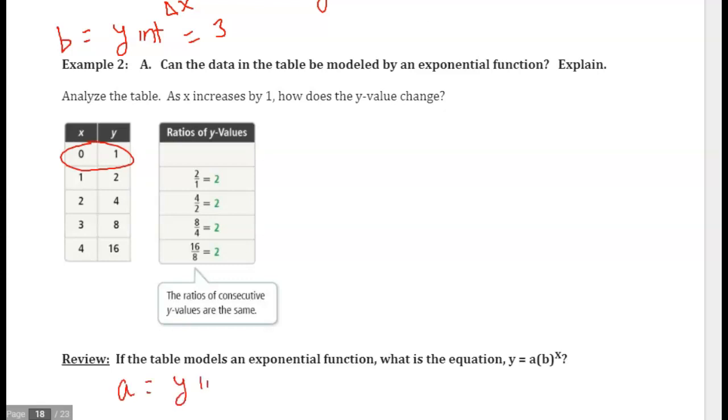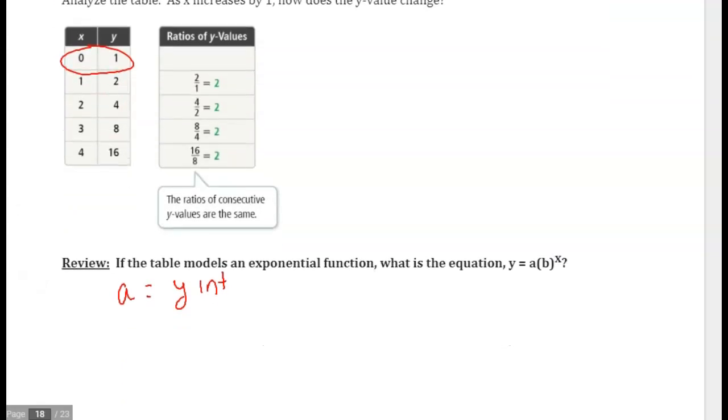And the b is what you're multiplying by. In this case, my a is 1. And my b, we're doubling every time. When we go up by 1 here, we multiply by 2.